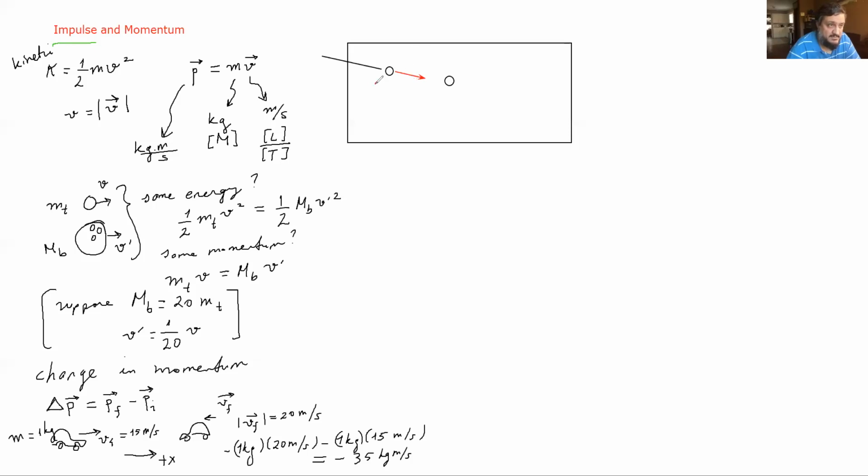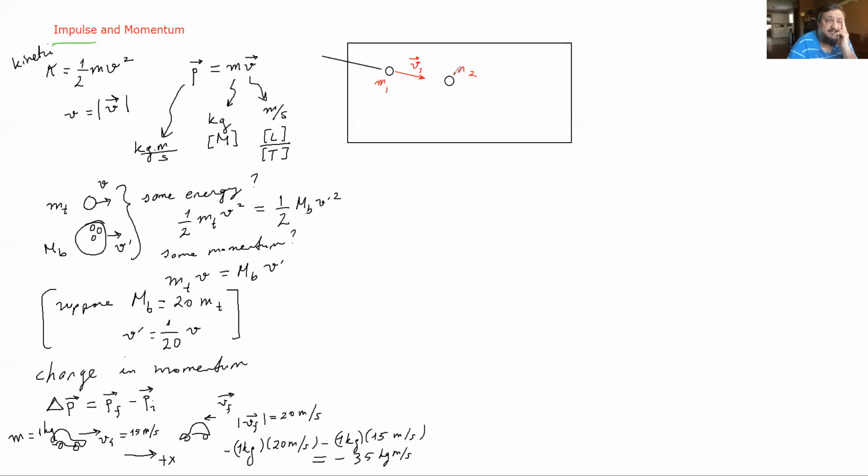Okay, let's call this M1 and M2. Maybe billiard balls have the same masses, but in general, they can be different, right? So this will be called V1, the initial velocity of the ball.